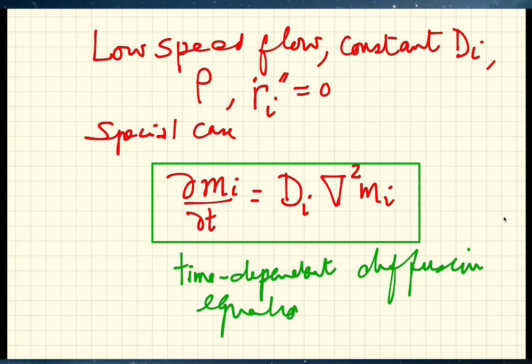And the solution of this time-dependent diffusion equation will determine the concentration of species I. Notice that I assumed that D sub I is constant, so I pulled it out of the derivative, and rho also is constant, I pulled it out of the derivative.